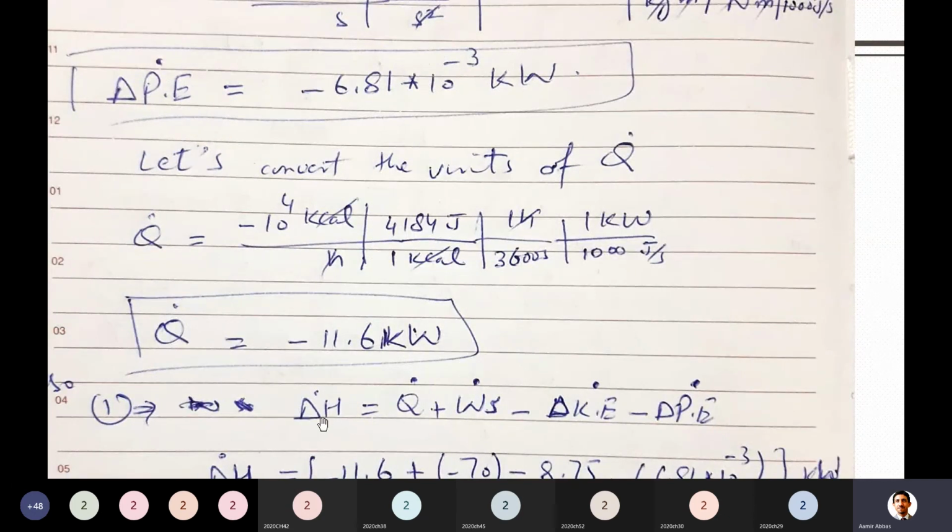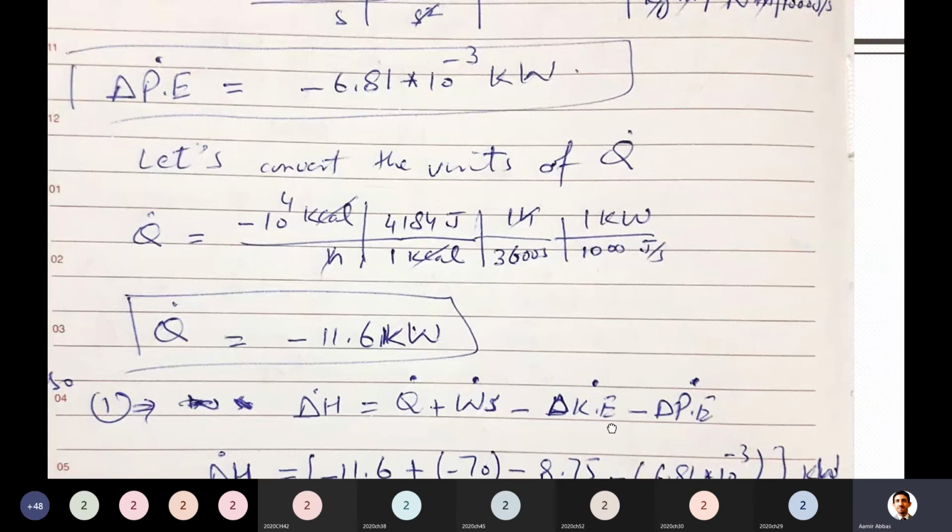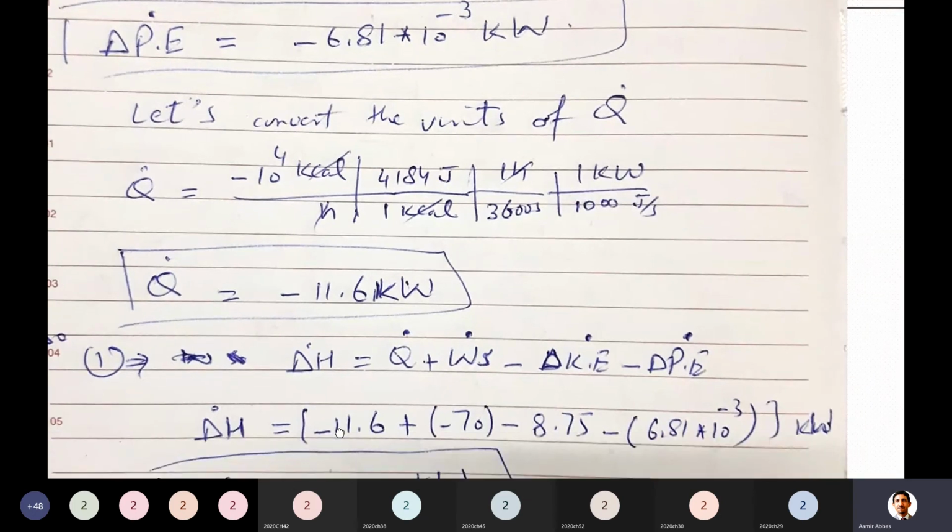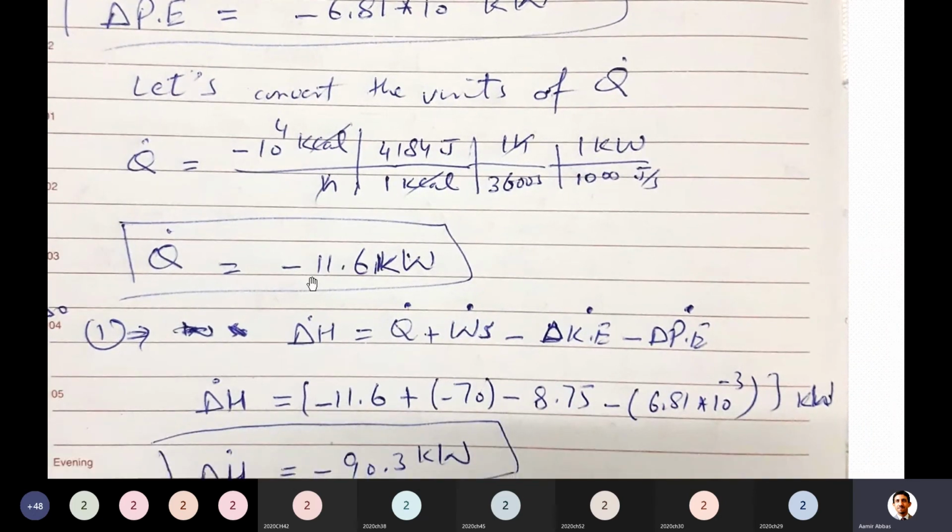You can rearrange that equation. Del H is equal to Q plus Ws minus change in kinetic energy minus change in potential energy. So just put their values here: Q, which is minus 11.6, plus shaft work, whose value is 70 with the minus because this is delivered by the turbine, and then there is a minus of the formula because kinetic energy was positive, so that is 8.75 minus this value, and here I think I made a small mistake.